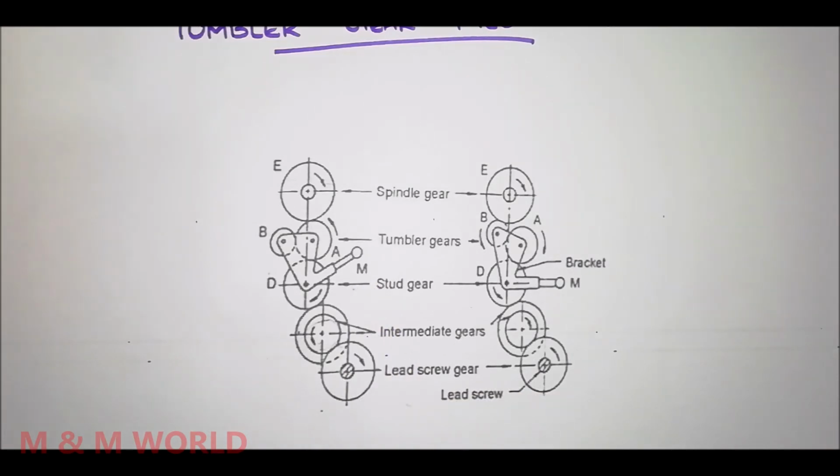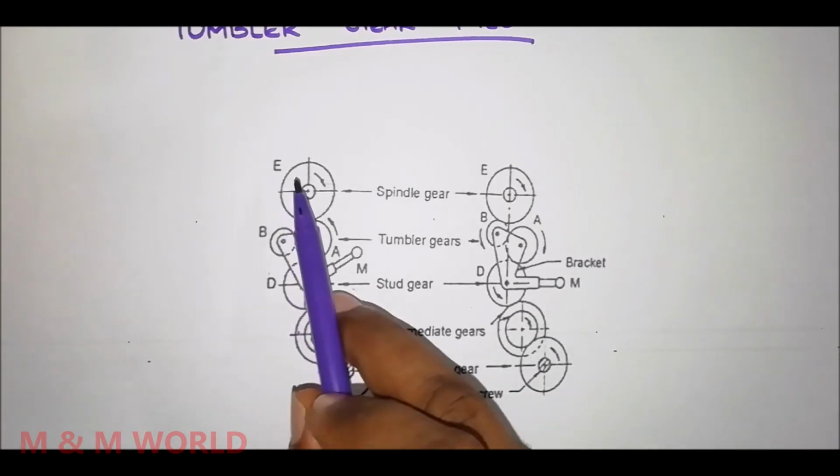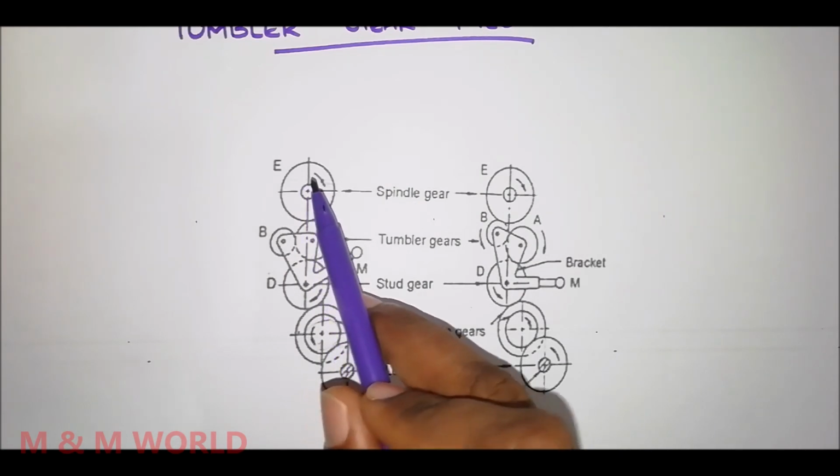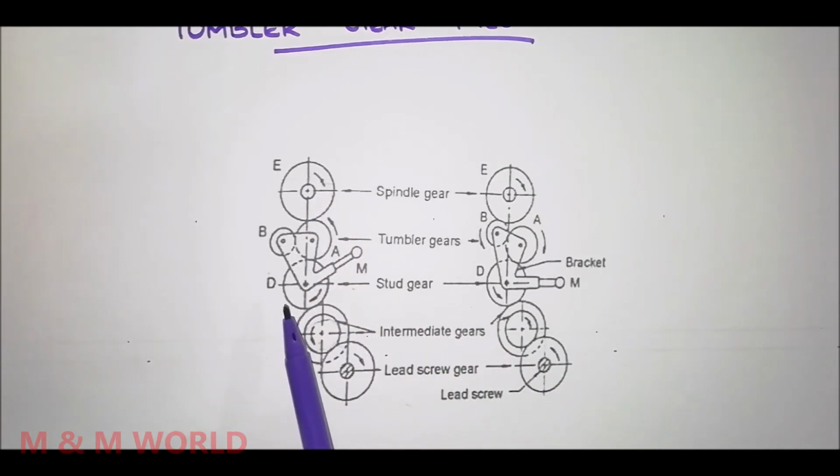So gear E is the spindle gear which is attached to the lathe spindle, and gear D is the stud gear, and the stud gear is connected to the lead screw gear through a set of intermediate gears.